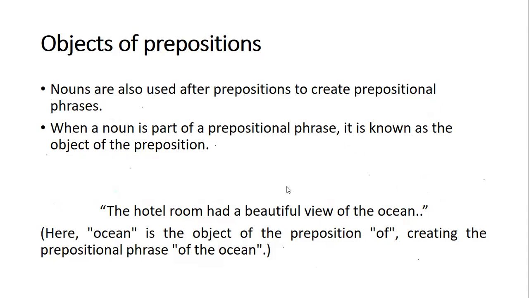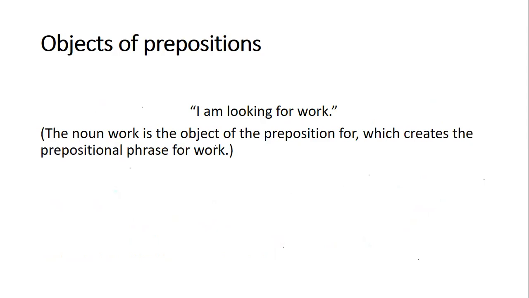Let's move to one more statement to give you a very good idea about objects of preposition. I am looking for work. What is the subject? I. What is the verb? Am. I is the subject, am is the verb. Now, here you can see work is a noun.